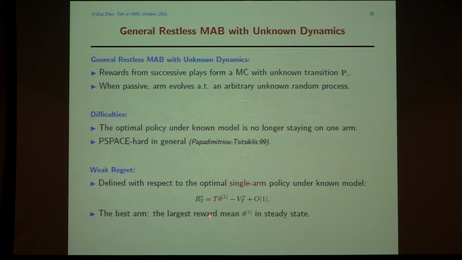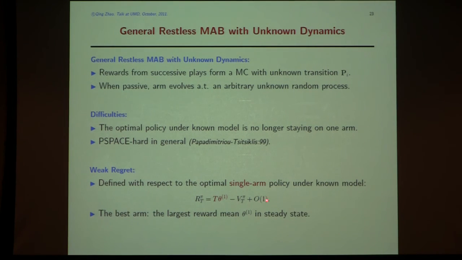In that case, when we know the model, we will always be playing the arm that gives us the maximum average reward, theta 1, which is determined by the stationary distribution of the transition matrix. Then this is the total reward we can get. And we don't know which arm is the best because we don't know the transition probabilities. And we want to minimize this regret.